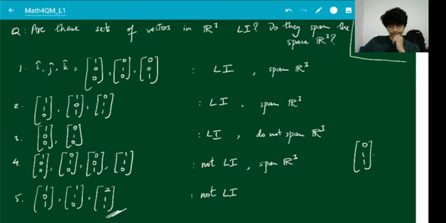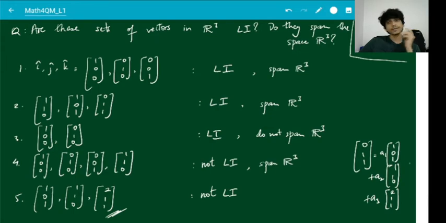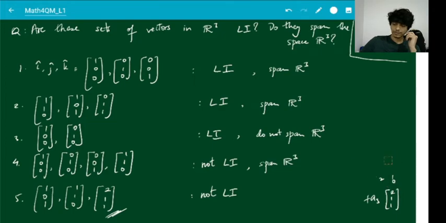So if you try to write this (0, 1, 1) as a1 times the first one plus a2 times the second one plus a3 times the third one, now you try to solve the 3 equations you have to get a1, a2, a3. You will find that there isn't a solution to these 3 equations. So therefore, these vectors do not span R3.